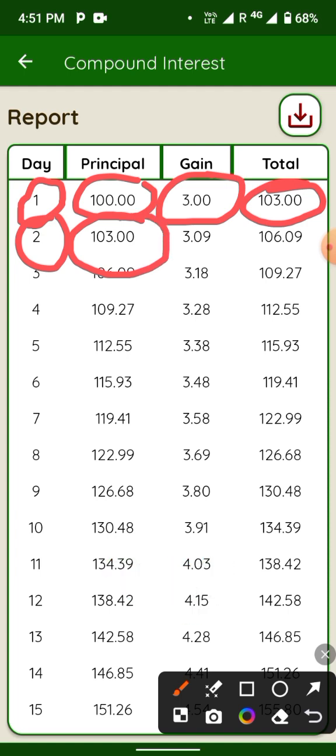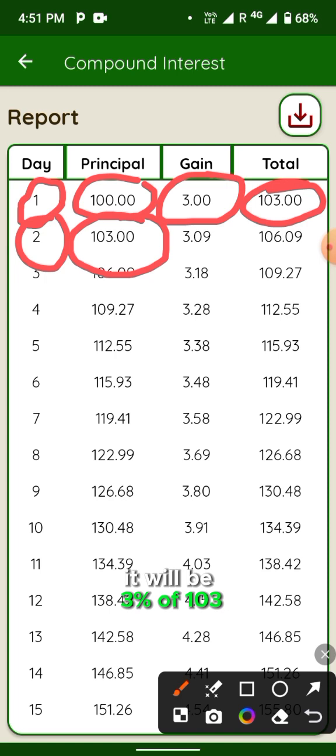It means this time I'm going to use $103 instead of $100 as my capital. Hope that is understood. So the next day it will be 3%.